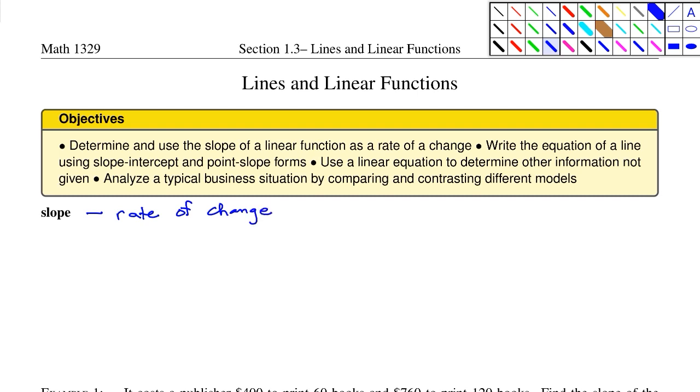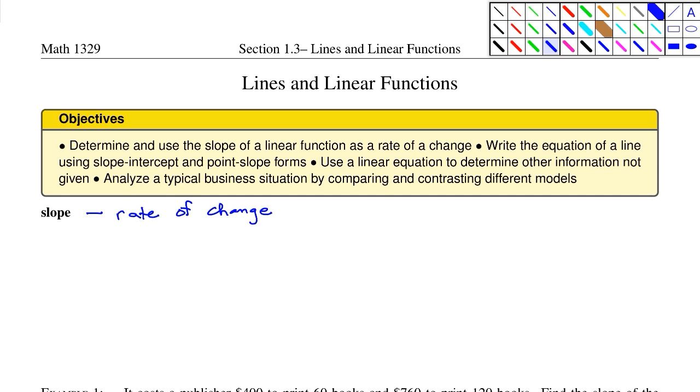And by that we mean if you have a quantity that you can think of as some unit divided by some other unit, then that can be considered a rate of change, and we can think of that as a slope. So for example, when you're driving a car, your speed is determined in miles per hour.